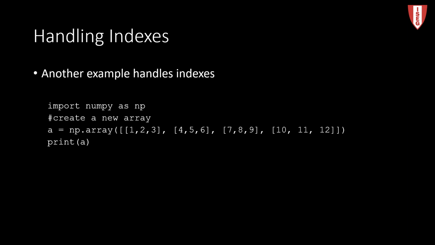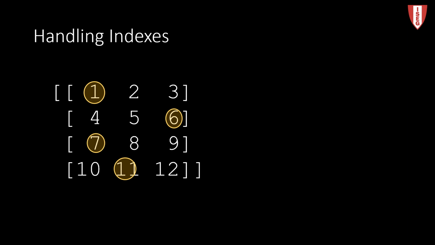Suppose that we have this array, and we want the following elements. The element with index 0 on the first row, the element with index 2 on the second row, the element with index 0 on the third row, and the element with index 1 on the fourth row.